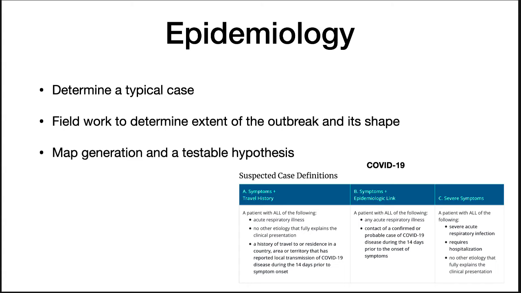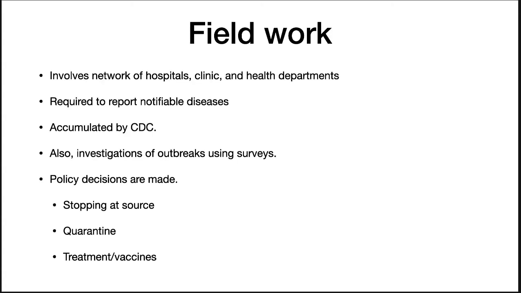In any case, once you have a case definition, field work then begins to determine the extent of the outbreak and its shape. Field work involves a network of hospitals, clinics, health departments, and the CDC. There is a large list of notifiable diseases that must be reported to the CDC. The accumulation of this data leads to the generation of maps and testable hypotheses about the origin of the outbreak.